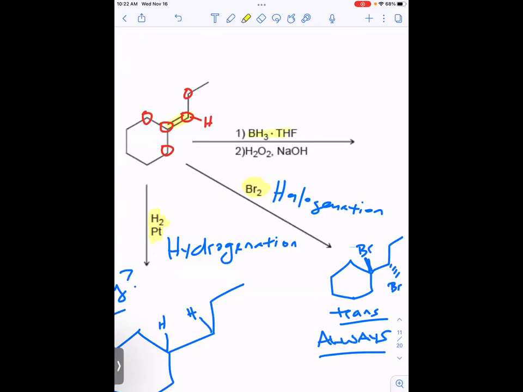What about here? What reaction is this? I have BH3 in the first step, and in the second step, hydrogen peroxide and sodium hydroxide. What reaction is that?